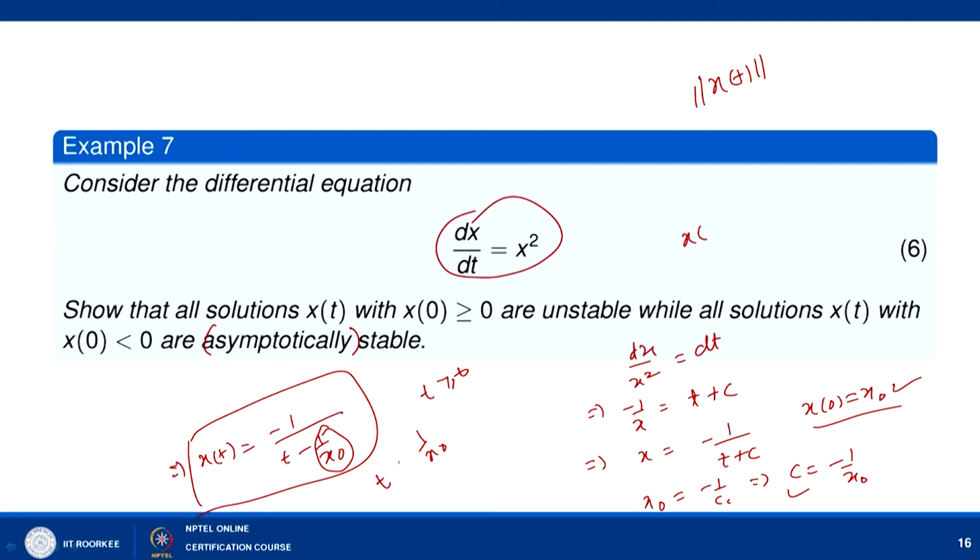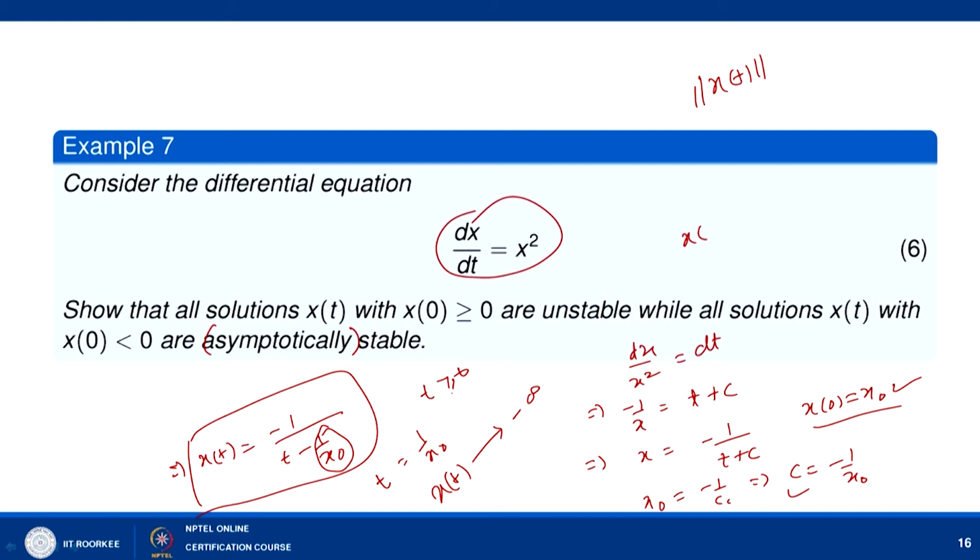So, as t tends to the value 1 upon x naught, x t tends to minus infinity. So, it means that the solution is going to be an unstable solution, right.